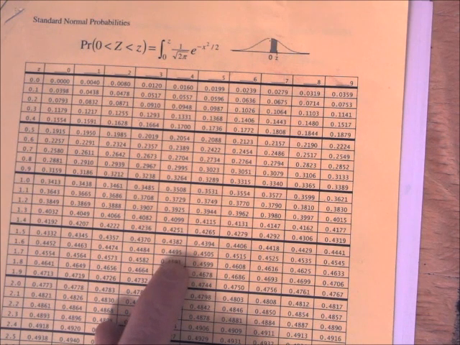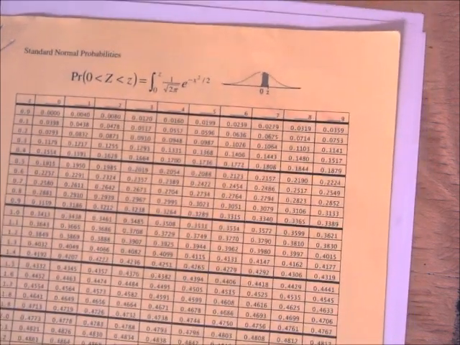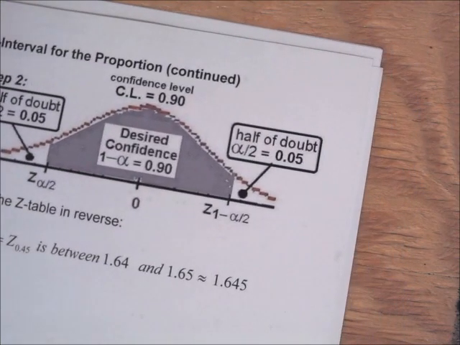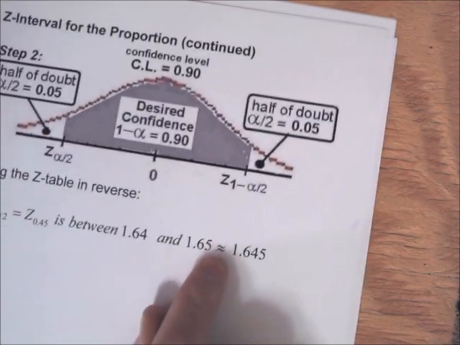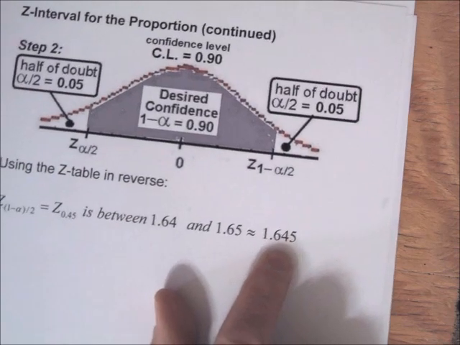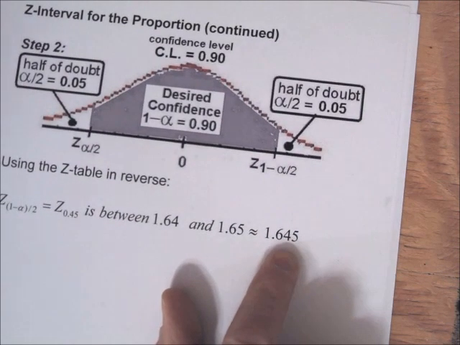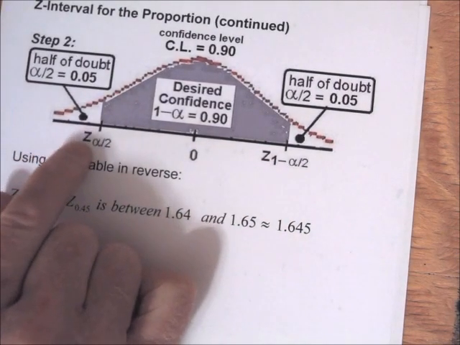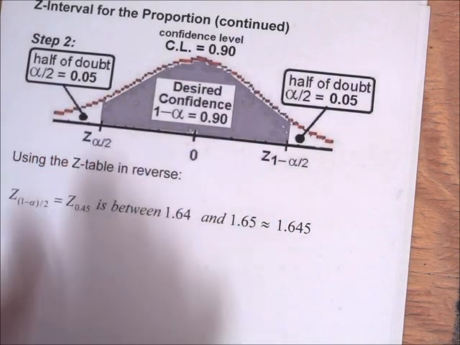If we look at the last digit, it's equally close to those, off by 5 in either case. So it's going to be halfway between 1.64 and 1.65. If we take the average of those, we get 1.645. So Z is approximately 1.645, and on this end it's going to be a negative 1.645.